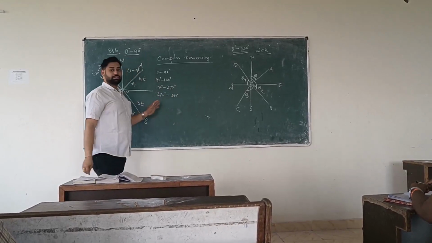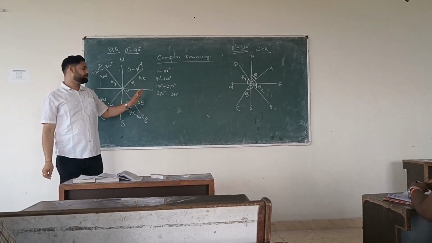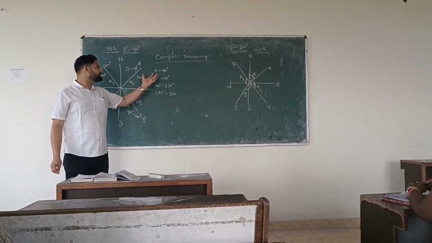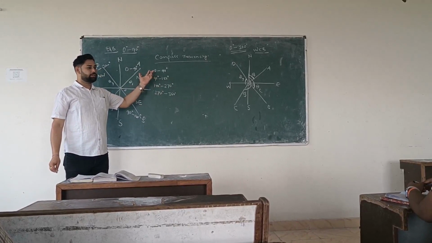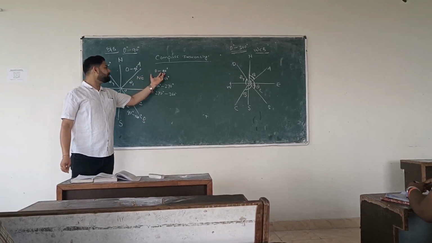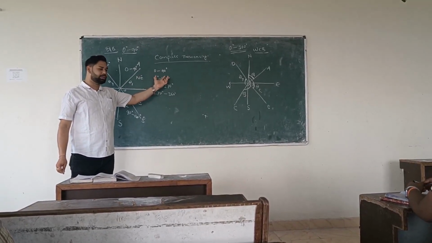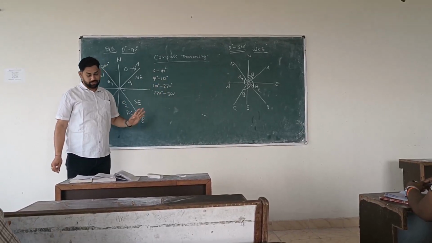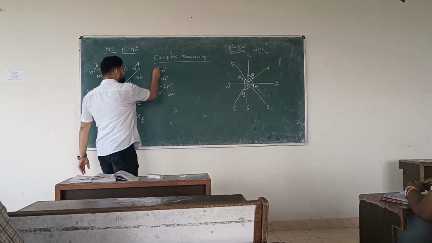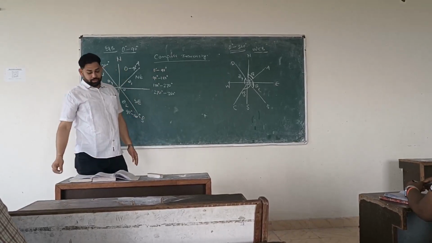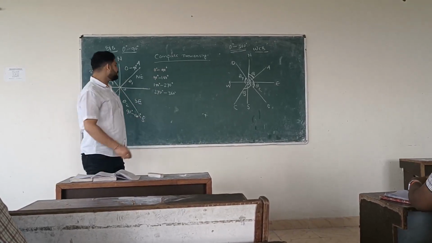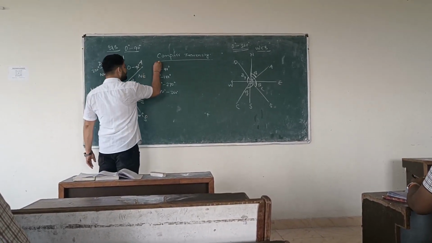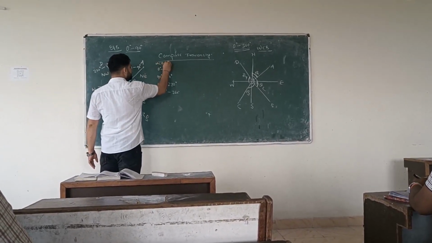So first we have to point out in which limit your line is situated, that is between 0 to 90 degree, or 90 to 180, or 180 to 270, or 270 to 360. Accordingly we have to find out the corresponding reduced bearing.